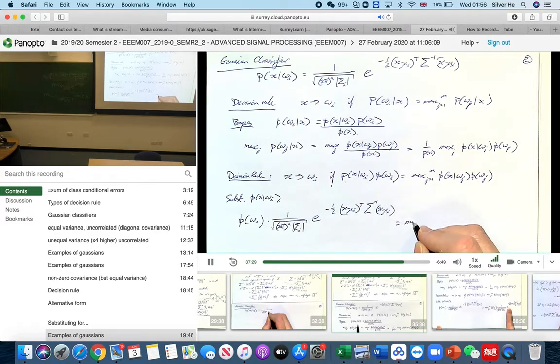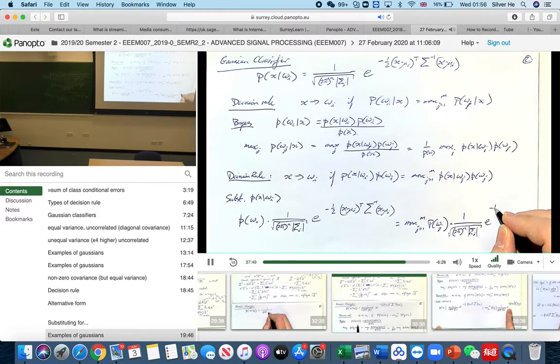equals the maximum over all of these, j equals 1 to m, p of omega j times 1 over square root of 2 pi to the n determinant of sigma i, e to the minus a half, slightly running out of space on that side, of x minus mu j sigma j to the minus 1, that should be transpose, and x minus mu j.